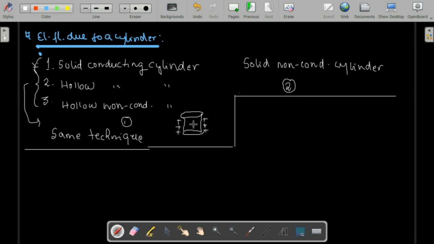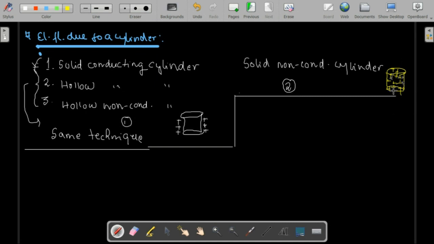They'll never go inside. But on the other hand, if you consider a solid non-conducting cylinder, the charge will get distributed within the cylinder. We are considering an even distribution throughout the cylinder. That is the basic difference.